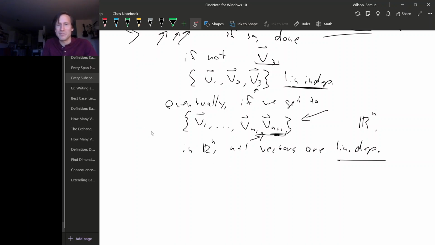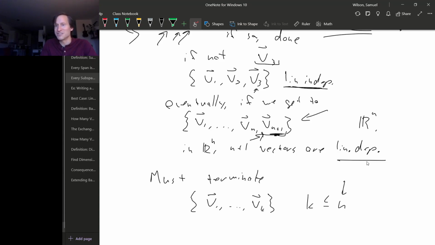So this process, adding vectors one at a time, must terminate with some collection V1 up through Vk, and k has to be less than or equal to n, which is the size of the ambient space that we're in. And just by construction, this collection of vectors is linearly independent.